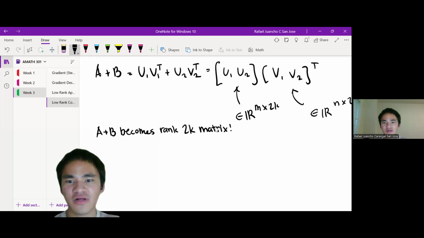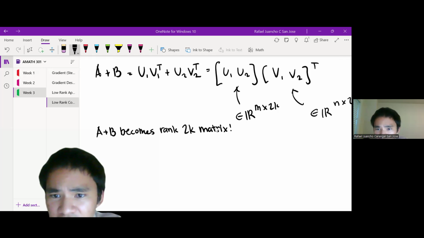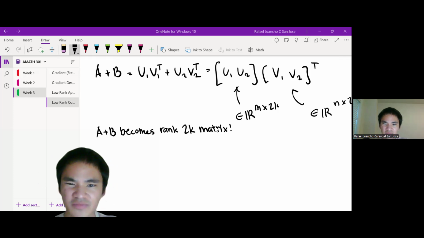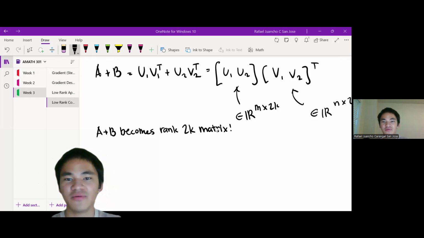And so it might be well approximated using a rank K approximation. So we could just approximate it. But in a lot of cases, it will not. So it depends on the context of the problem in which the matrices arise. So it really just depends on how we want to go about it, especially for adding.